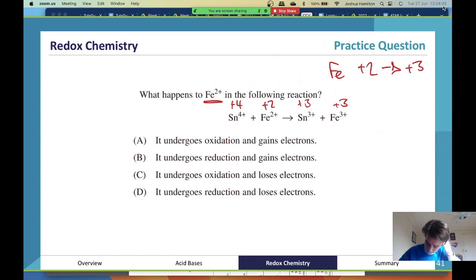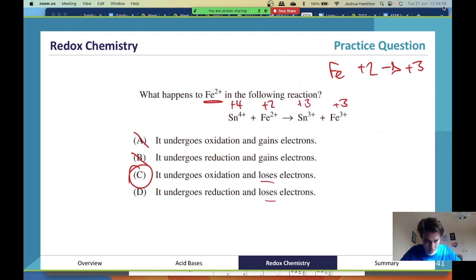Going from +2 to +3 means we've had a gain of charge, but a loss of electrons, because we've lost an electron to gain a charge. So therefore we've lost electrons, it has to be one of these two, process of elimination, C or D. Which involves loss? Oxidation involves loss. Therefore the answer here is C.